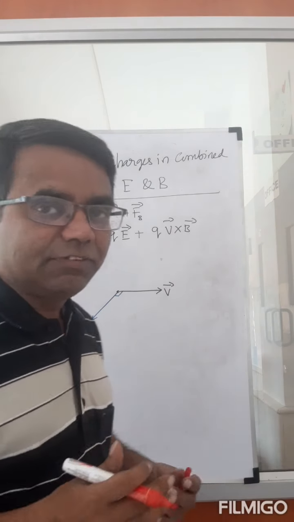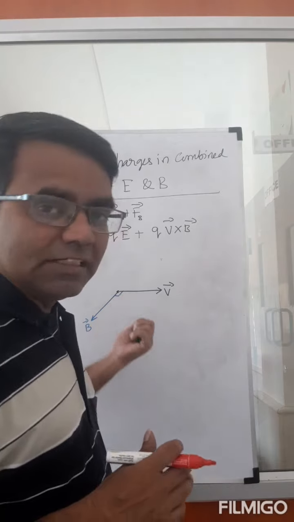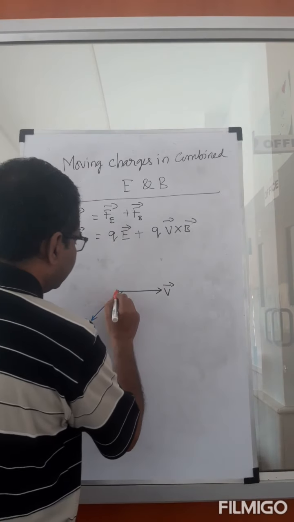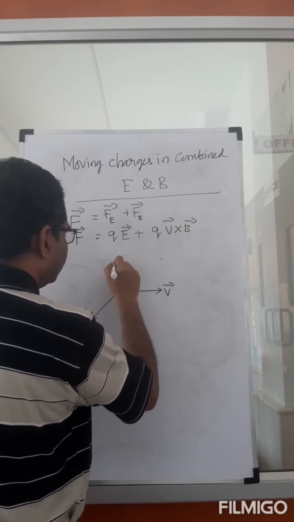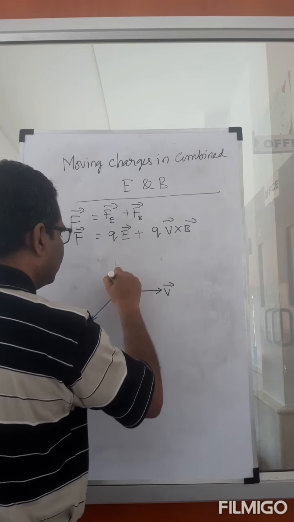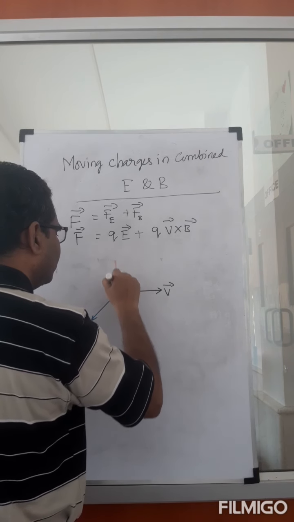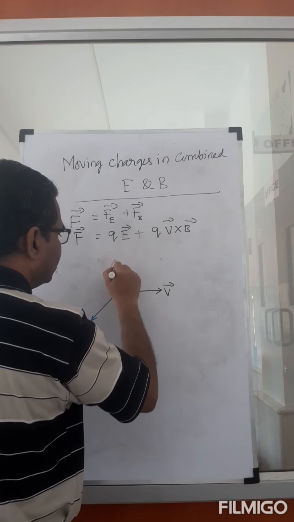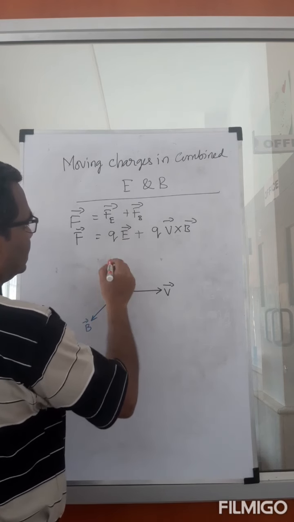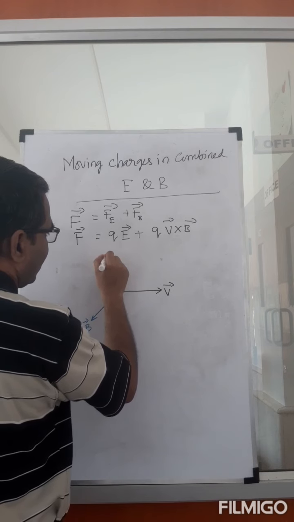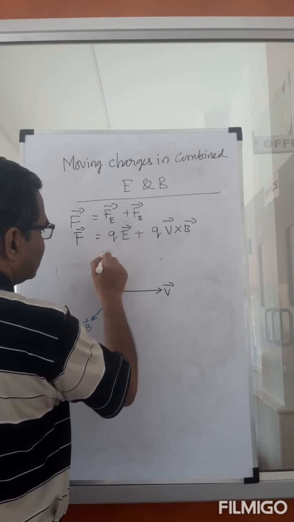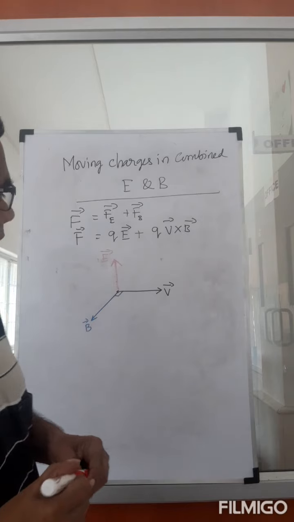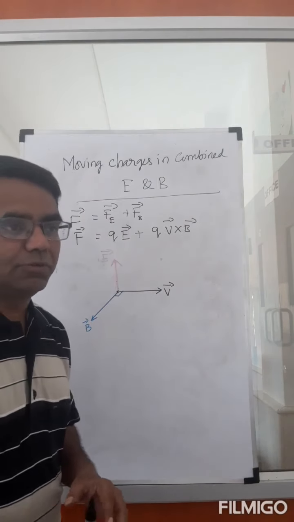And I have the electric field 90 degrees to both of them. This is my E. Then what is going to happen to it? So let me do it this way.